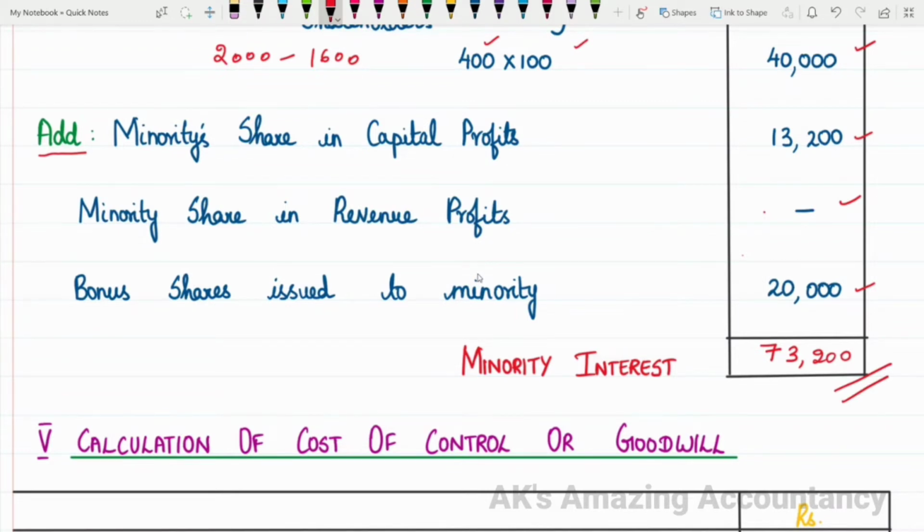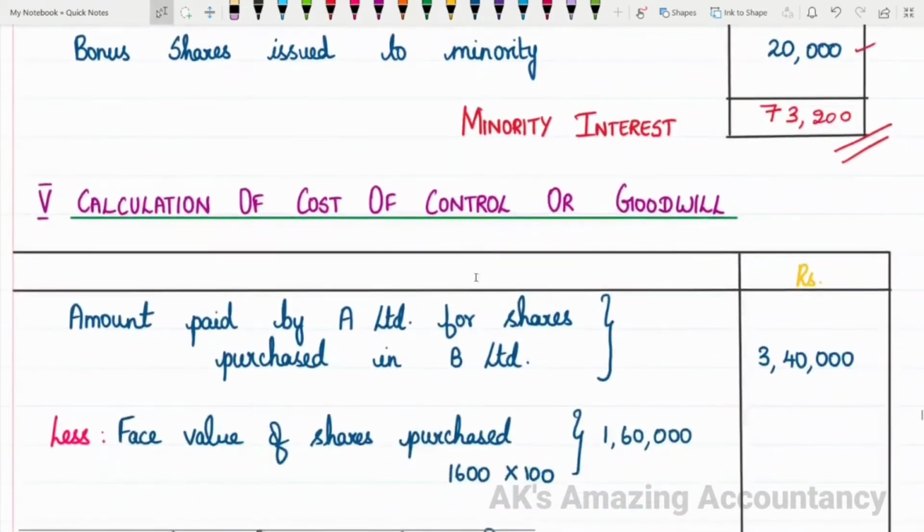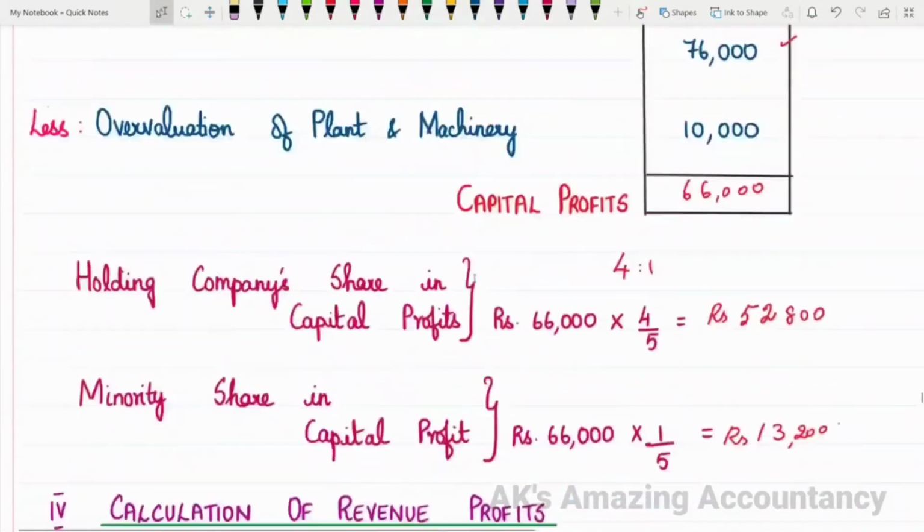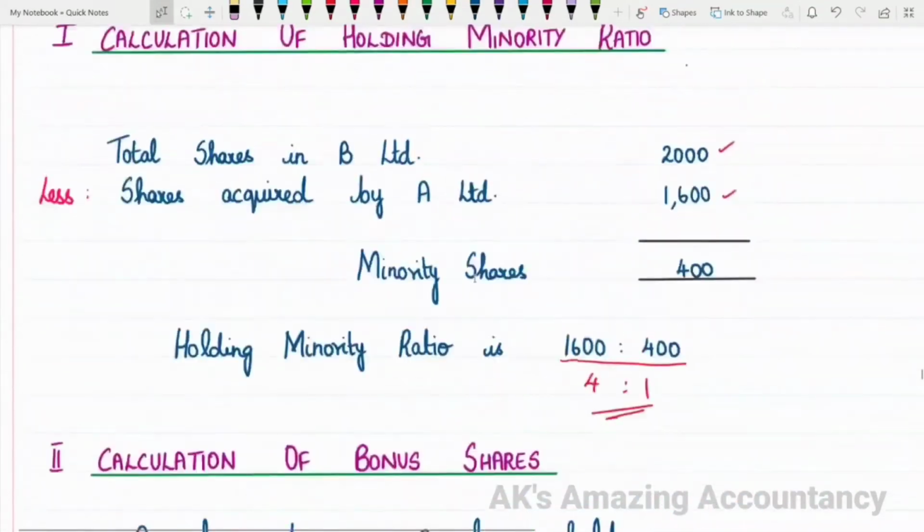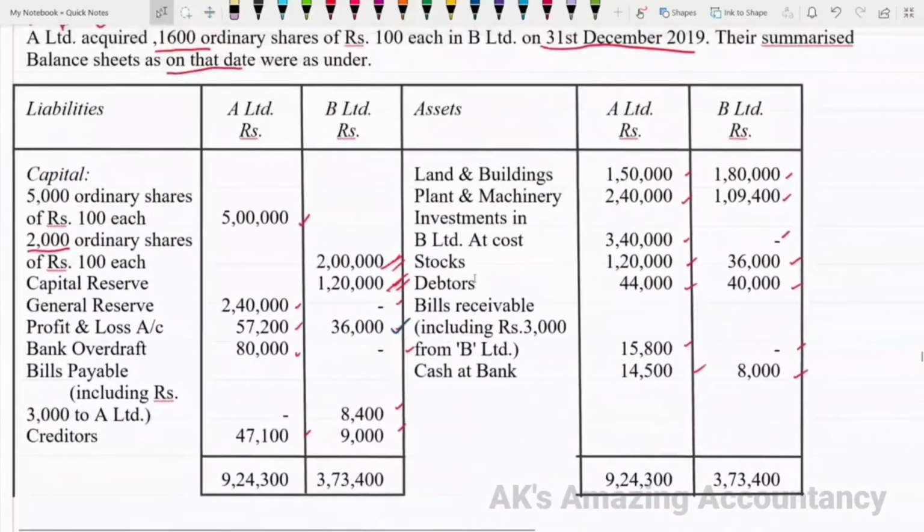Okay. Now let us proceed with the next calculation, that is calculation of cost of control or goodwill. For this, we have to take the amount paid by A Limited for shares purchased in B Limited, which will be mentioned on the asset side of the balance sheet. Have a look at the asset side of the balance sheet. You are given investments, isn't it?